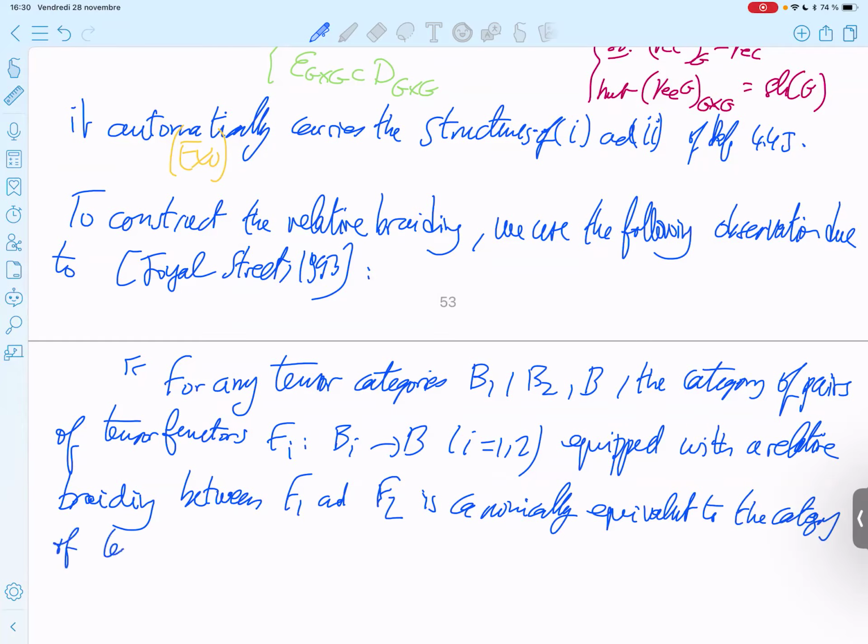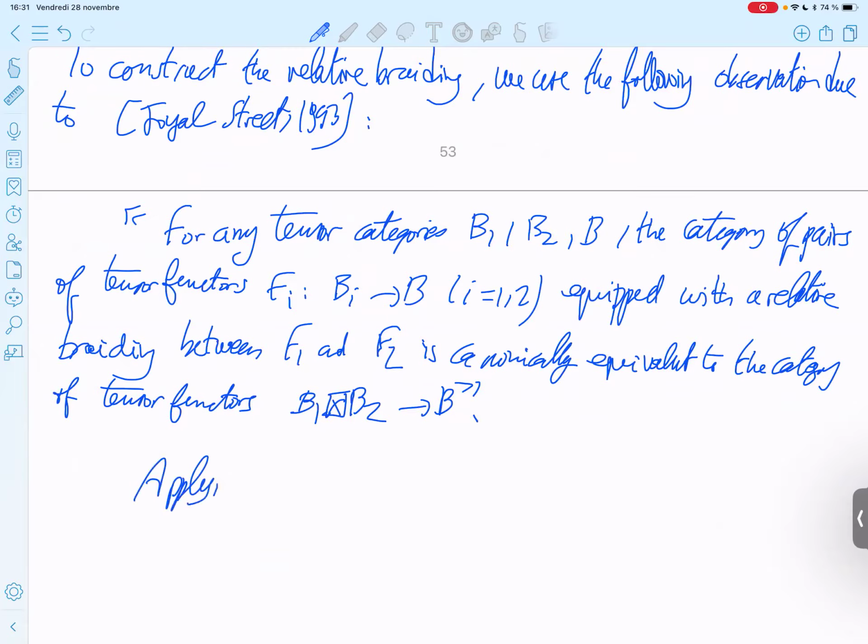Okay. And now here we apply, for now we will just apply this statement to, you take B1 equal B2 equal B equal D. So D braided.